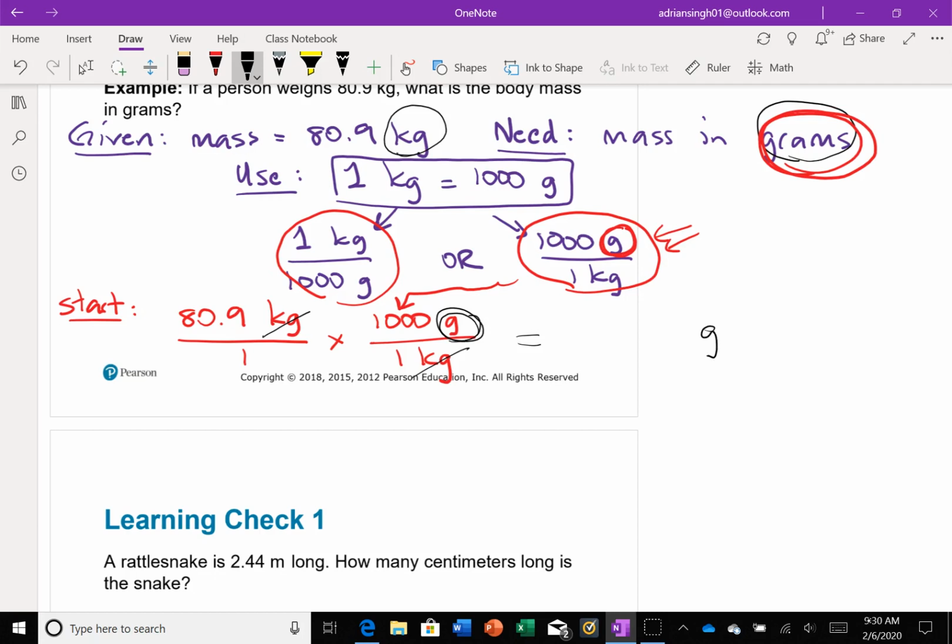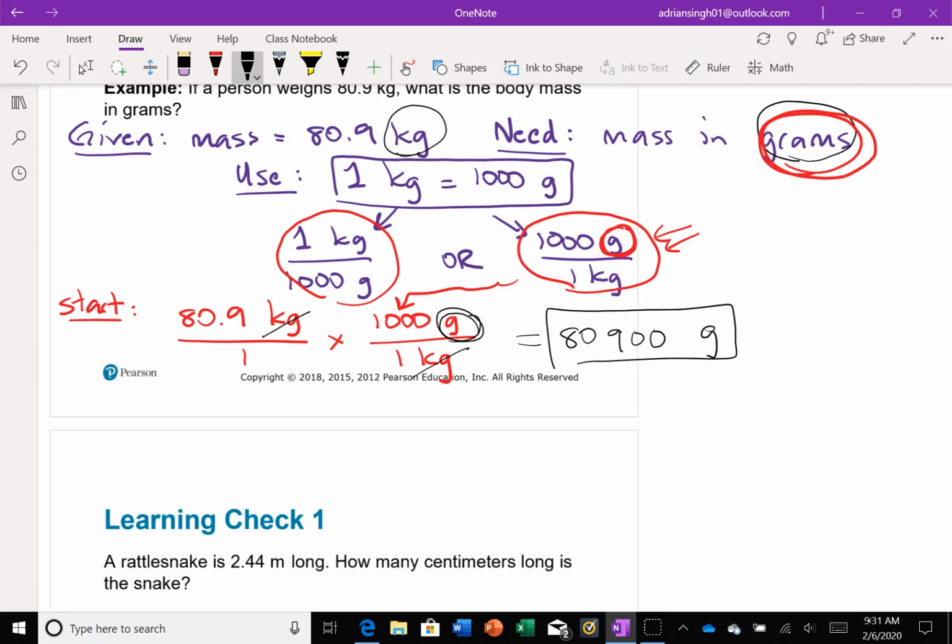All right, so when we multiply that out, we end up with 80.9 times 1,000. So we have 80, decimal point 1, 2, 3 places, so 80,900 grams as our answer, right?